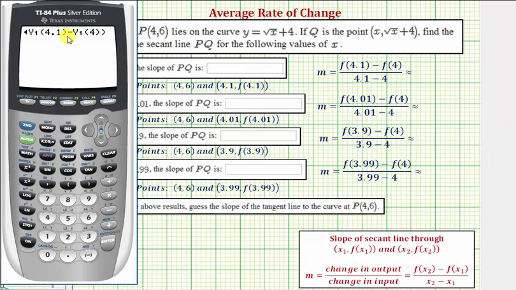So here's our numerator of the slope, and then we have divided by, in parentheses, 4.1 minus 4. Close parenthesis and enter. We'll round to 4 decimal places, so we'll say the slope is approximately 0.2485.